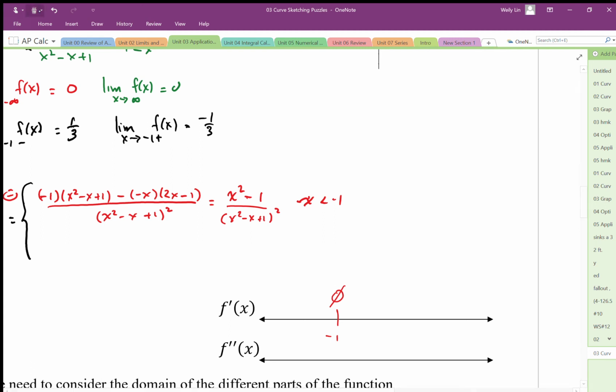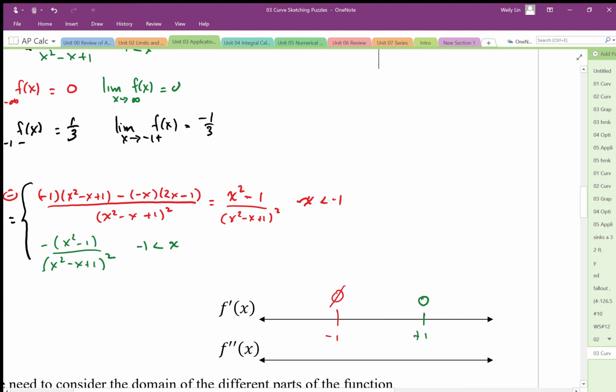Now the other derivative is going to be the exact same thing, but negative: negative x squared minus 1 over x squared minus x plus 1 all squared, and this is for x greater than negative 1. So the 0 here at positive 1 is in fact a min or max point.